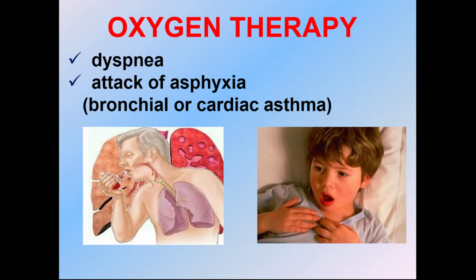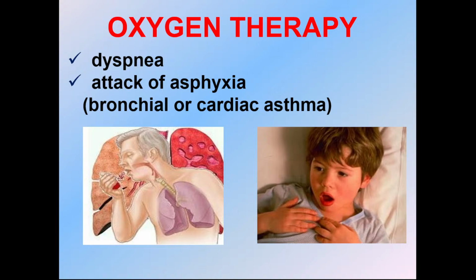If you remember, I explained that it may be named bronchial asthma when the attacks of asphyxia appear due to spasm of the bronchus, or it may be cardiac asthma because of filling of the alveoli with blood.